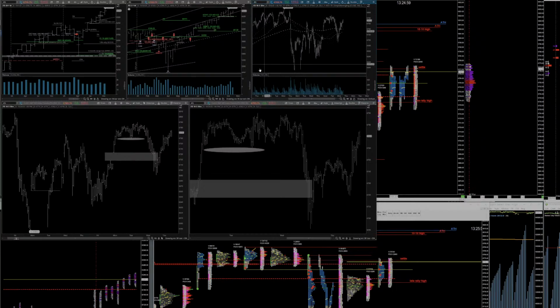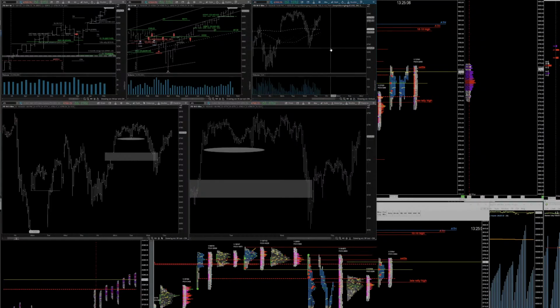Okay, let's check that if I can. Let's see if we can magnify this. Well, let's see, this is a big day to the downside. For example, this is a big day to the downside. Look at volume higher. This was a big day as well. This one here.